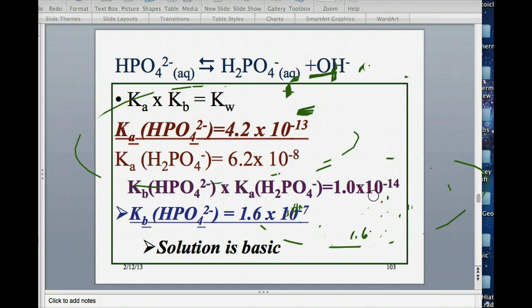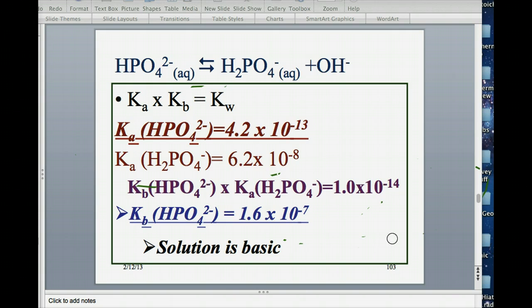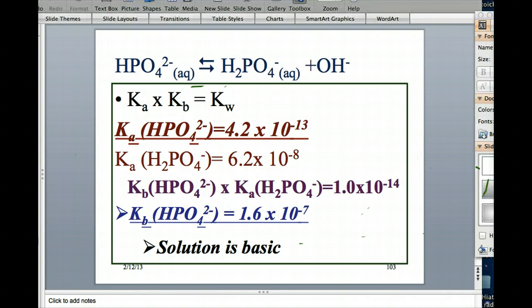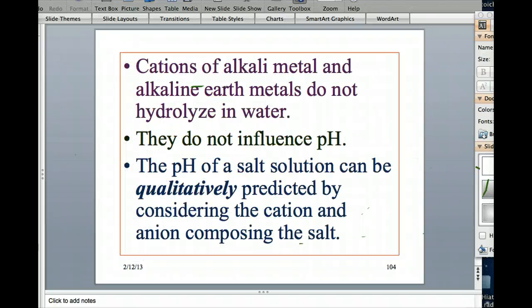They found the same value, 10 to the negative 7, and also proclaimed it to be basic. So again, anytime you have a Ka, you can figure out the Kb from that characteristic. Again, we're talking about the conjugate. And I can't stress this enough: we're not saying the reverse reaction, because that's inverse. Taking the acid or the base reaction conjugate is not just the reverse, even though it looks very, very similar to it.